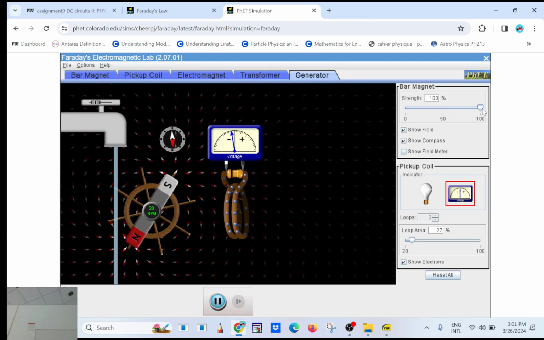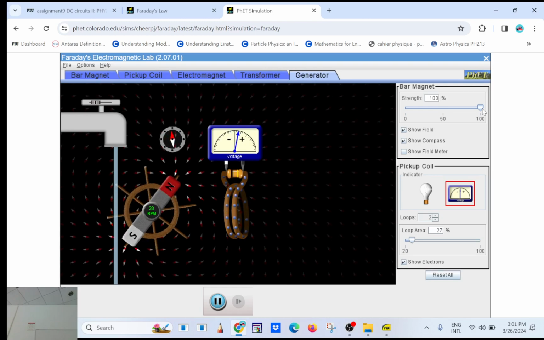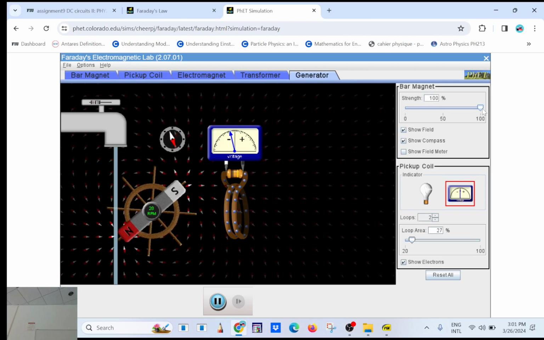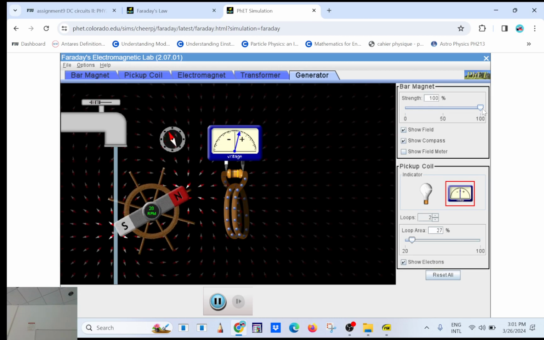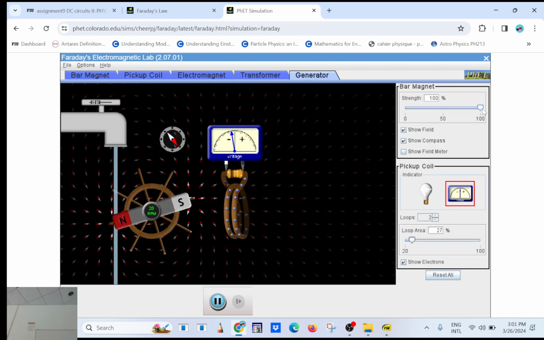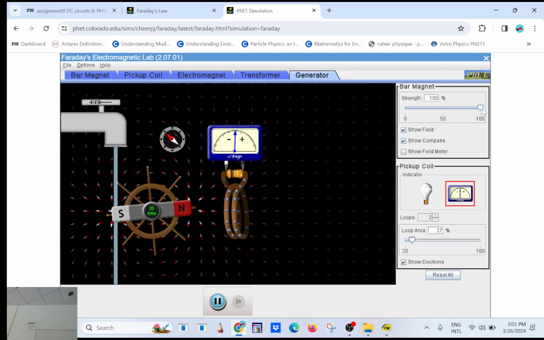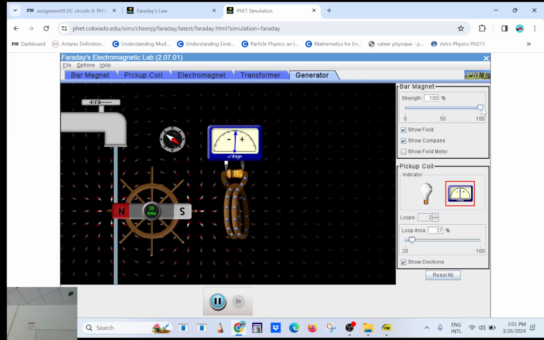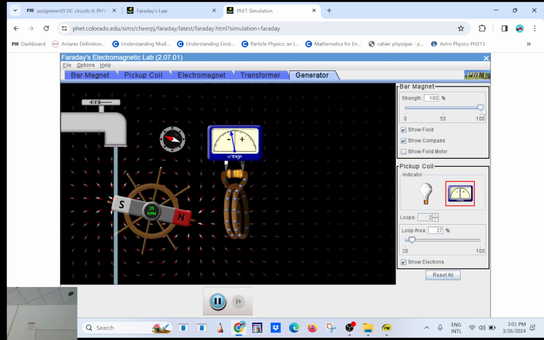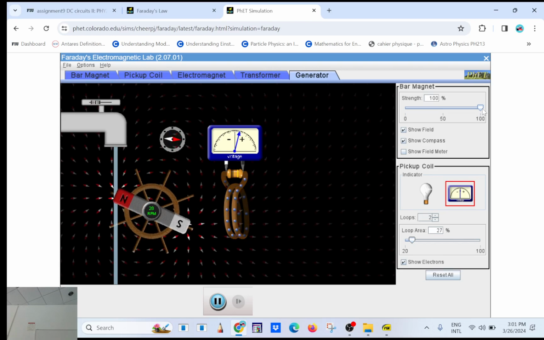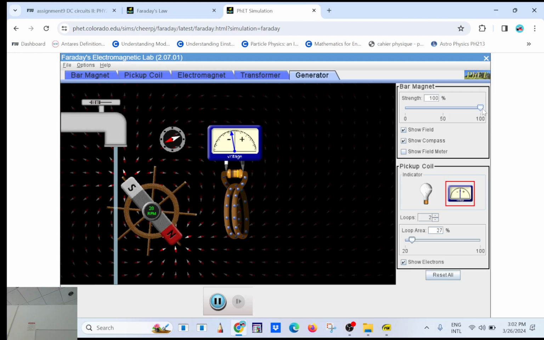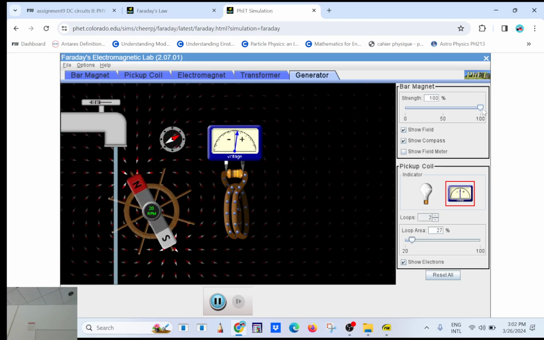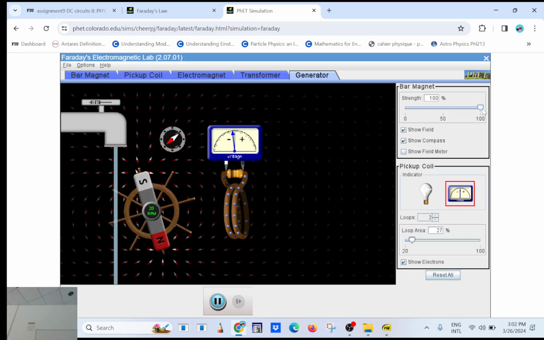Okay, can you see the LED here? Oh, there you go. You see that? You see the flash? Okay, so that's how we produce electricity.